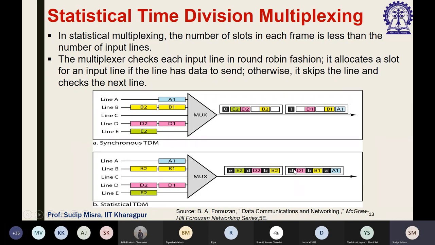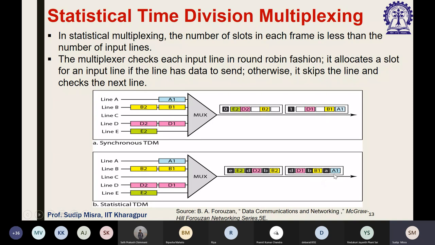So note over here that there was no C1. So you see that there is no empty slot corresponding to C, like in the case of synchronous TDM. In synchronous TDM, there was an empty slot that was left out because line C did not have any frame to send.